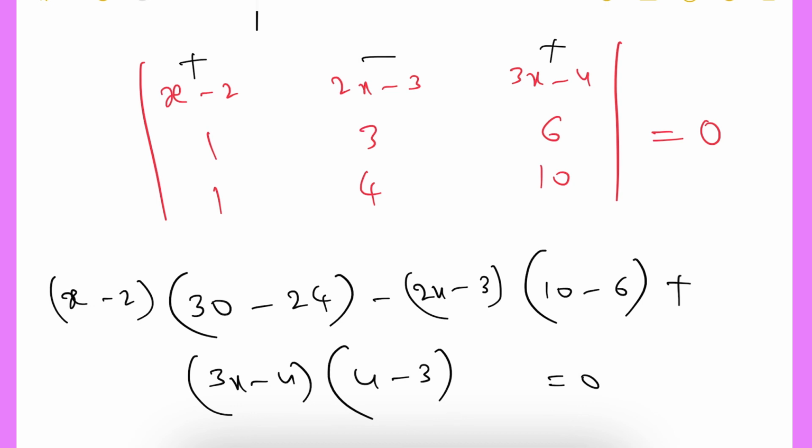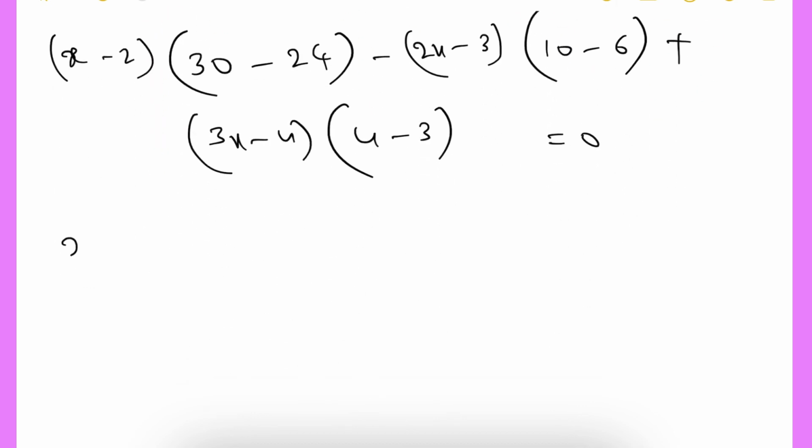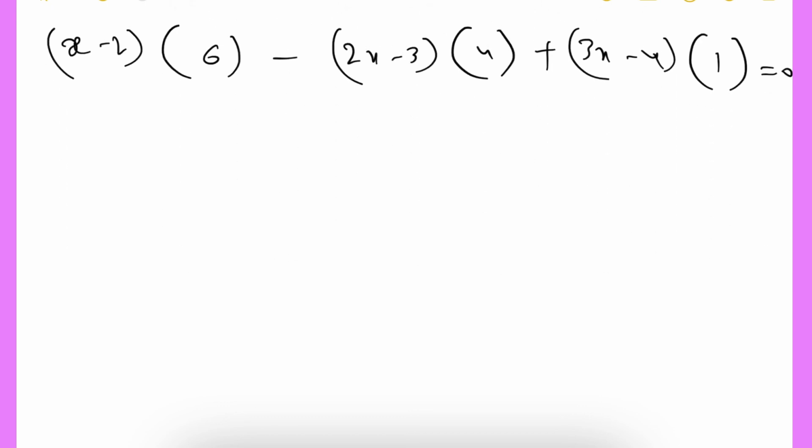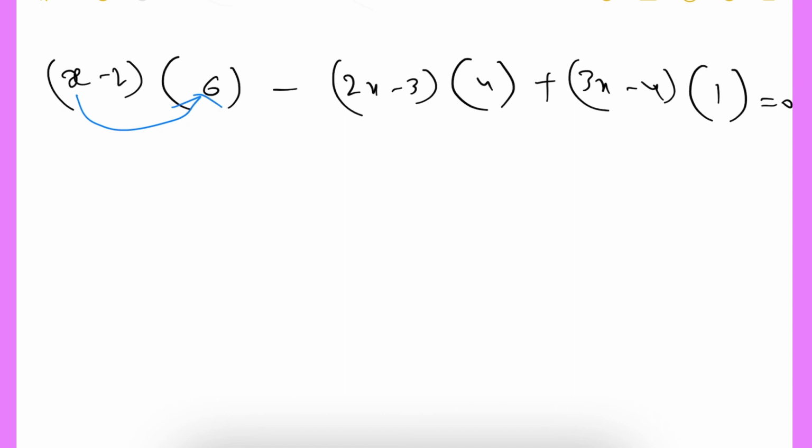Okay, now let us simplify this. x minus 2 as it is into 30 minus 24, it is 6, minus 2x minus 3 into 10 minus 6, 4, plus 3x minus 4 into 4 minus 3, 1, which equals 0. So if I simplify one by one, x into 6, 6x, minus 2 into 6, minus 12, minus 2x minus 3 into 4, I will keep that minus as it is.